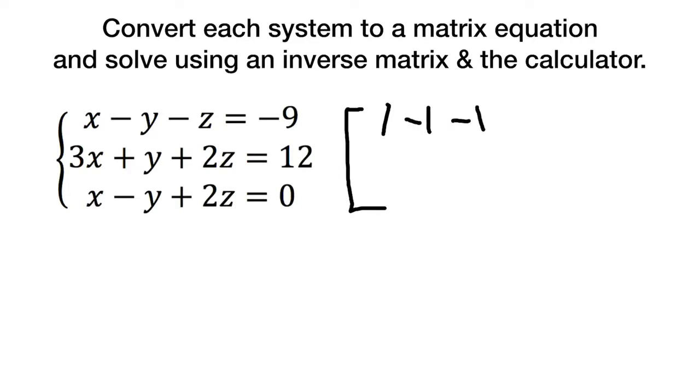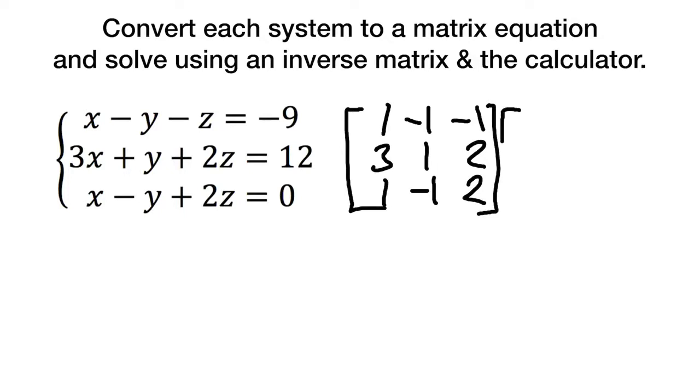On the second row, 3x becomes 3, y becomes 1, and then 2z becomes 2. x becomes 1, y becomes negative 1, and z becomes 2.